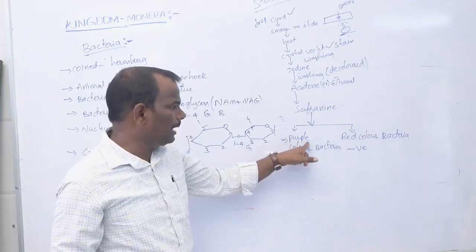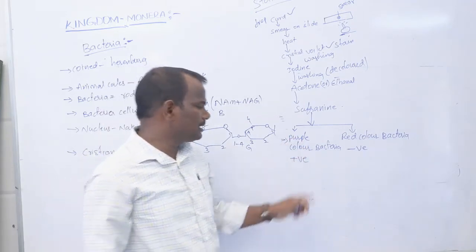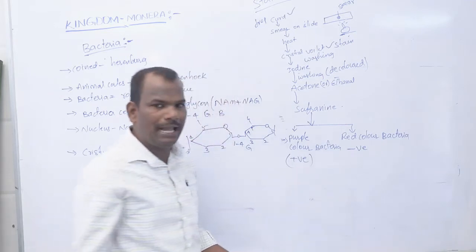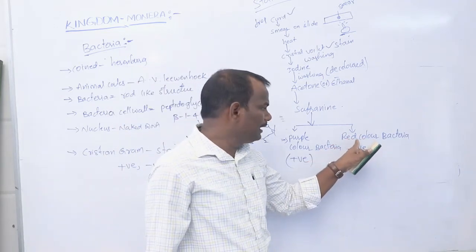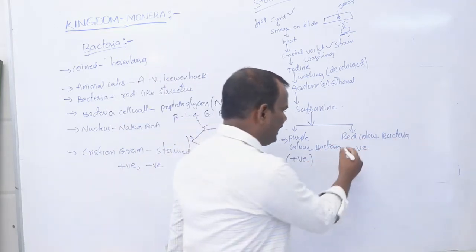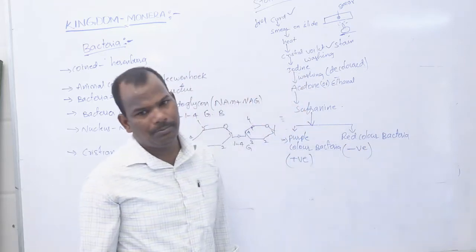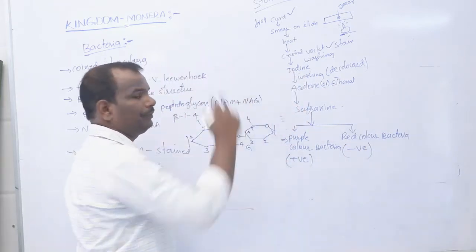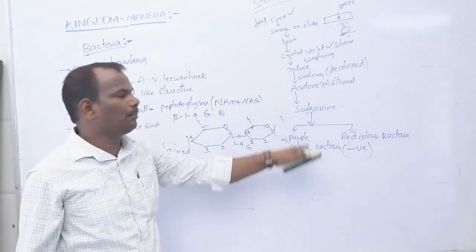One is the purple color bacteria, called gram positive bacteria. The second is the red color bacteria, called gram negative bacteria. So this is the crystal violet staining procedure.